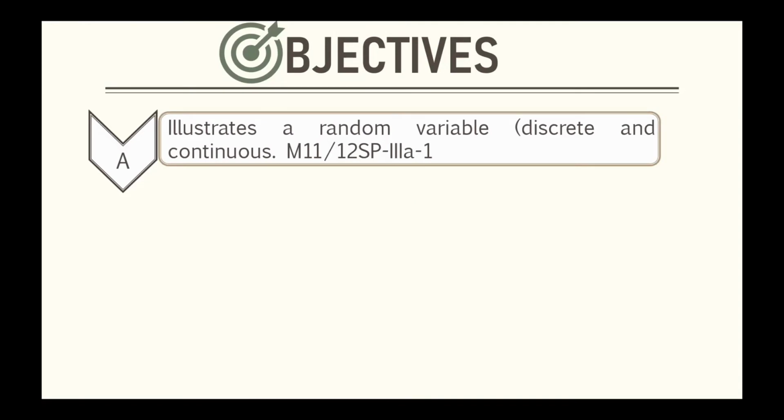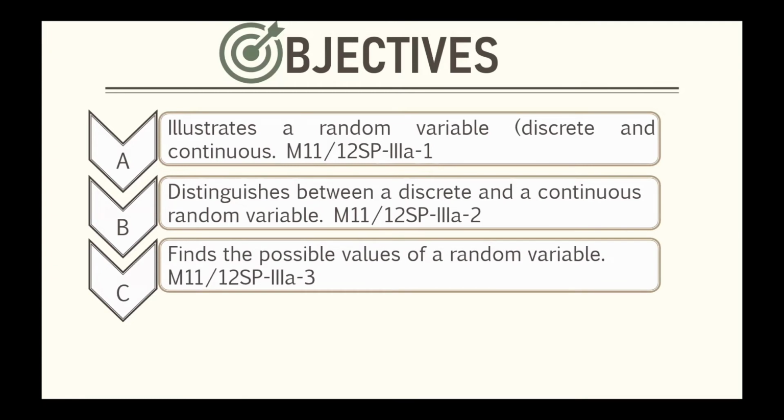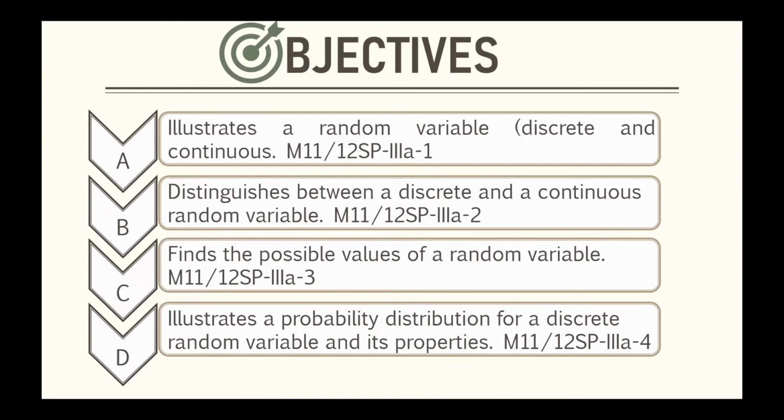It can be discrete or continuous. The second distinguishes between a discrete and a continuous random variable. Third, finds the possible values of a random variable. And last, illustrates a probability distribution for a discrete random variable and its properties.